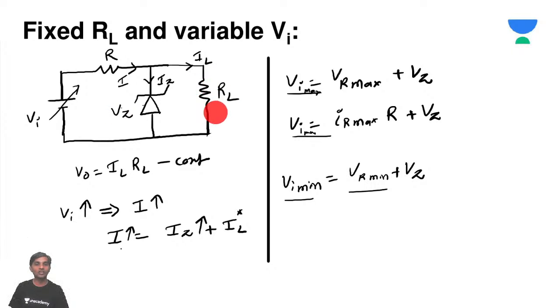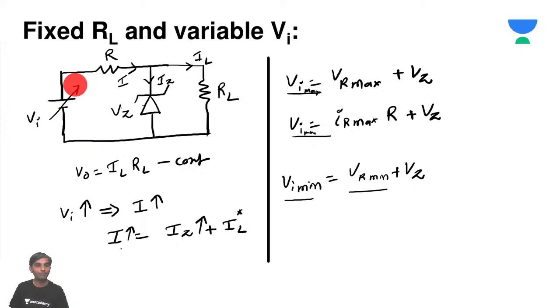The voltage across the load resistance is not changing, so the current flowing through it is also not changing, because the voltage drop across it should be constant.